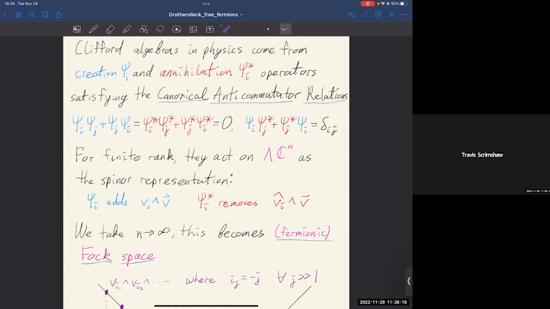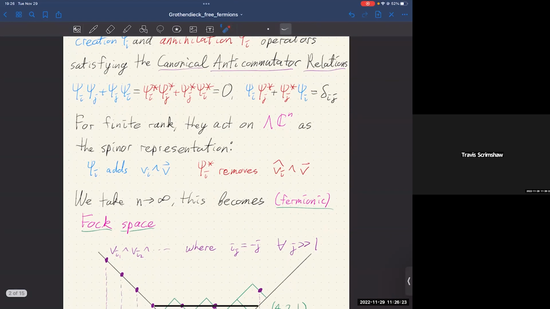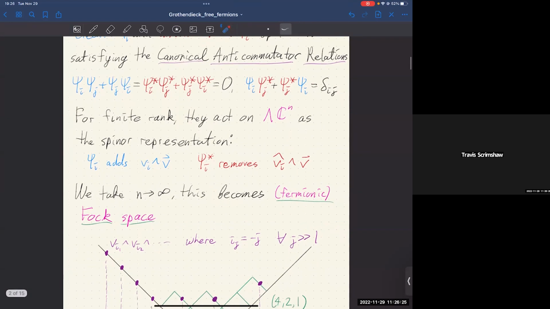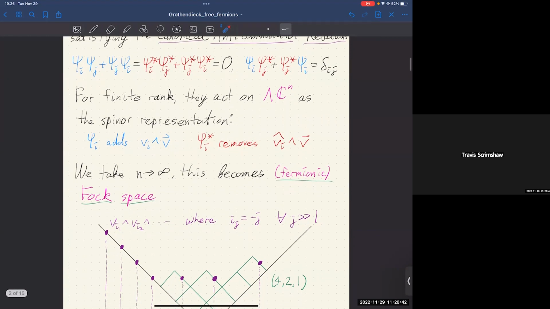And now we want to take the limit as n goes to infinity. We're going to do it with a little bit of care because we have infinite wedges, and so we need some kind of regularity condition at the end. But with this regularity condition imposed, this becomes what's known as fermionic Fock space.